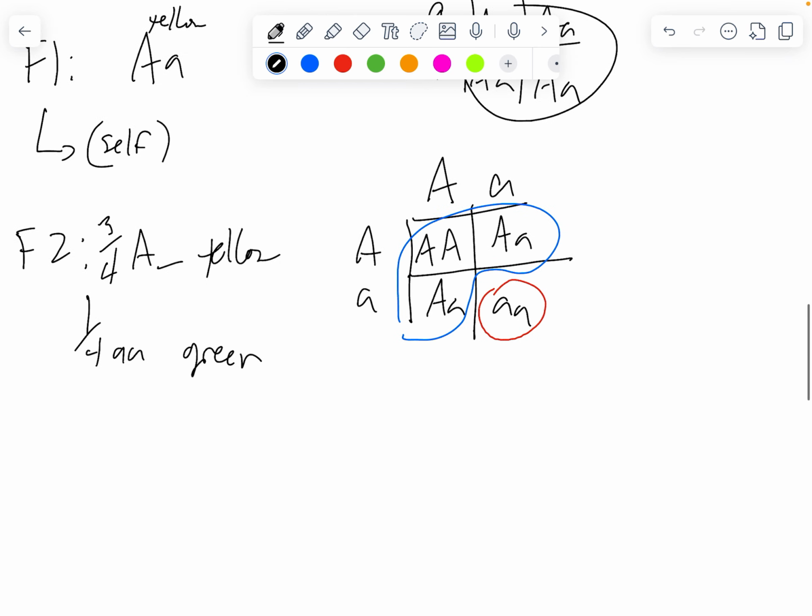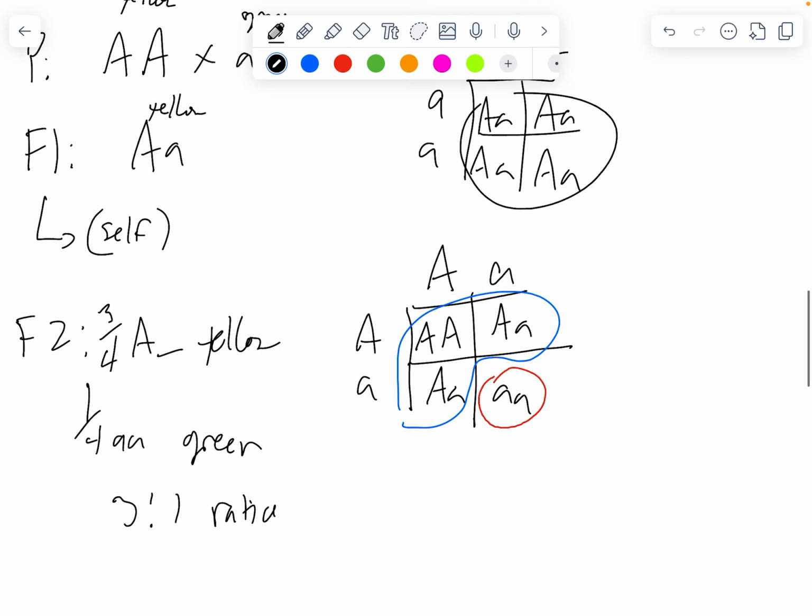So that is our 3-to-1 ratio. So what Mendel said was that if we're following all of the basic inheritance rules, and we take a pure breeding monohybrid cross and we take it out to the F2, then we should see a 3-to-1 ratio. We've supported the hypothesis that we have one gene that has two forms of the allele, and one of those is dominant to the other. Right? That's our mode of inheritance.